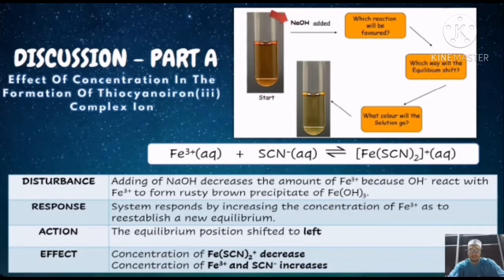The equilibrium position shifts to the left, therefore the concentration of thiocyanoiron(III) complex decreases, and the concentration of iron(III) ion and thiocyanate ion increases.